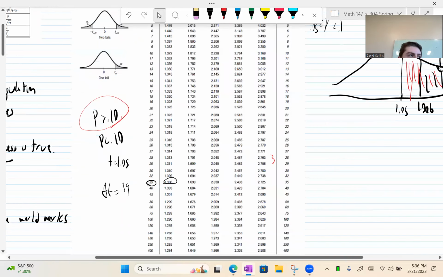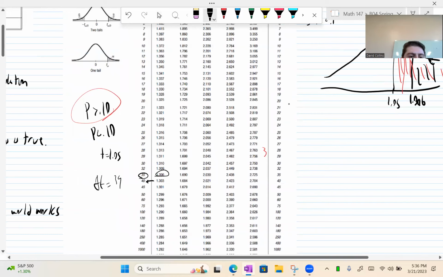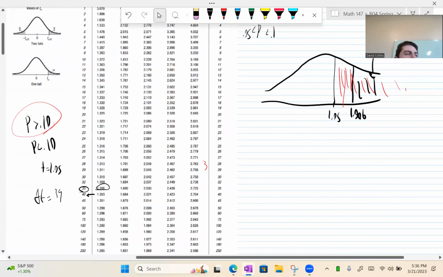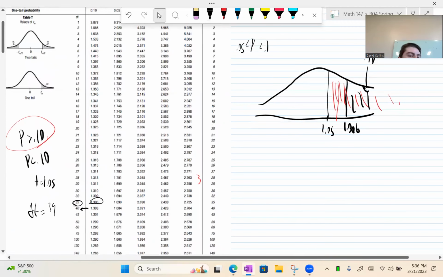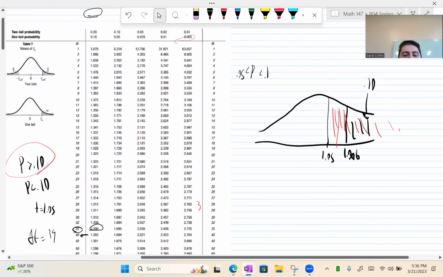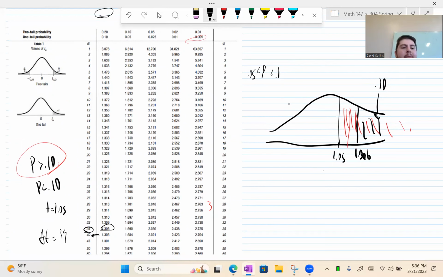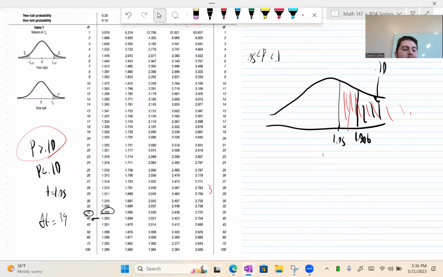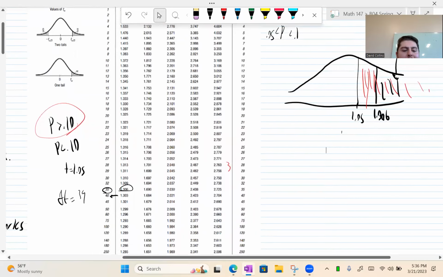That's bigger than 1.05. So since it's to the left of the table, that means your number is more towards the middle, which has a higher area. You don't know exactly what. This table just only gives 5 columns. In reality, there's a lot more. So you have to say p is greater than 0.10 because it has more area than 0.1. You just don't know exactly how much. If you plug into a computer, you could find out. But with this table, you just know it's greater than 0.1. So you fail to reject the null hypothesis.